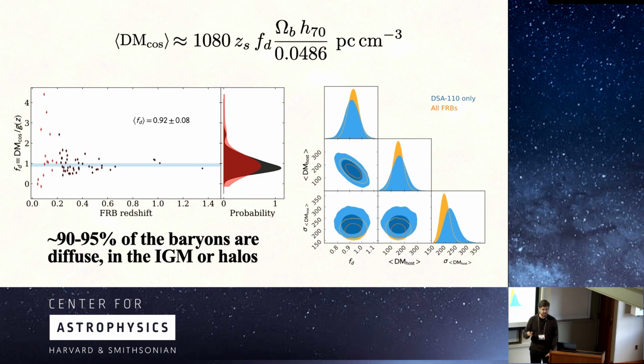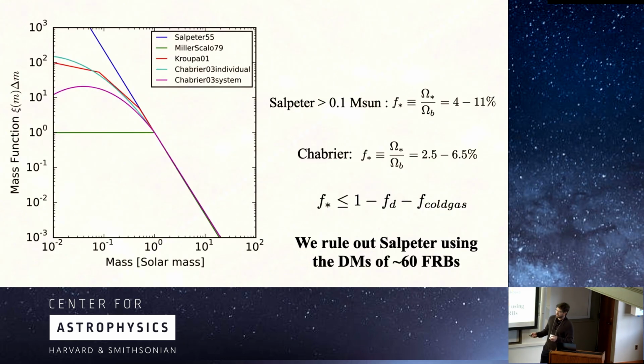If you ignore the partition and you don't try to break them up between the IGM and the halos, you can also just measure the total fraction of the universe's baryons that are diffuse and ionized. So count up electrons that actually contribute to DM. This does not include stars, for example. And you can do this cute little thing, which is you can place an upper limit on the total stellar mass of the universe without having measured a single stellar photon.